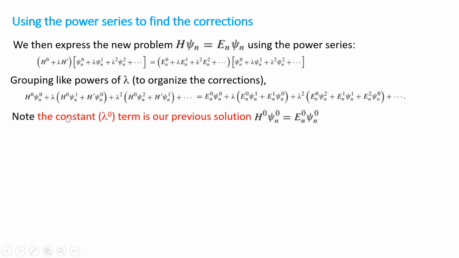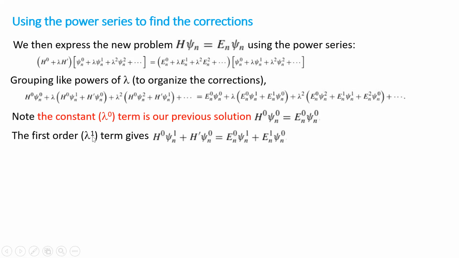So for the constant term, that is the lambda to the 0th power, we get our previous solution: H0 psi n0 equals En0 psi n0, which is right here. So that's our previous problem, the so-called original or unperturbed Hamiltonian with the original solutions and the original energies. So the constant term just gives back what we already know.